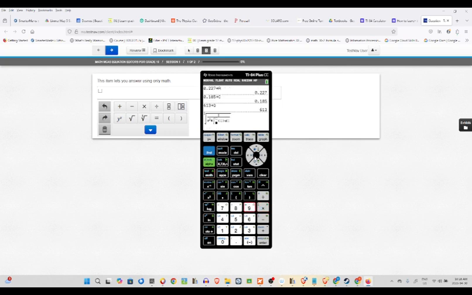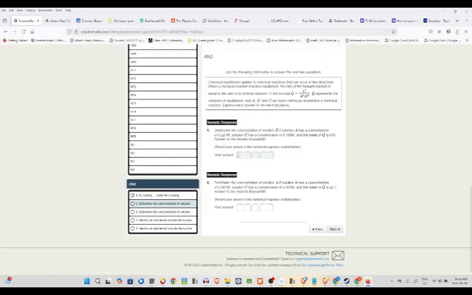Oh, I actually hit second function instead of alpha. And in fact, we can just hit alpha here. It understands the implied multiplication. So there is our b, 0.180, when rounded to the nearest thousandth as requested.